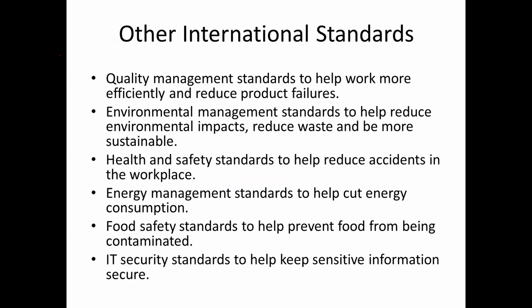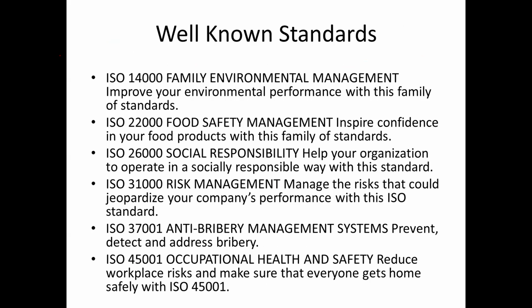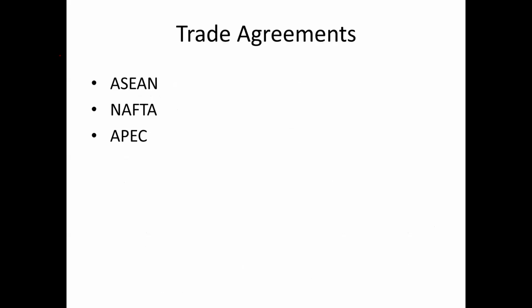Other standards, quality management standards, health and safety standards, they aren't strictly international. Well-known standards, ISO 14000, ISO 26000, don't learn them all, but make sure you can cite a few. Trade agreements, yeah, Brexit, ASEAN, NAFTA, APEC.